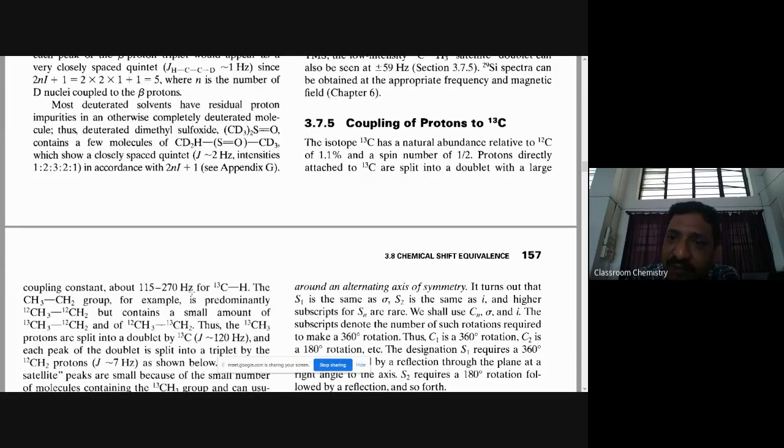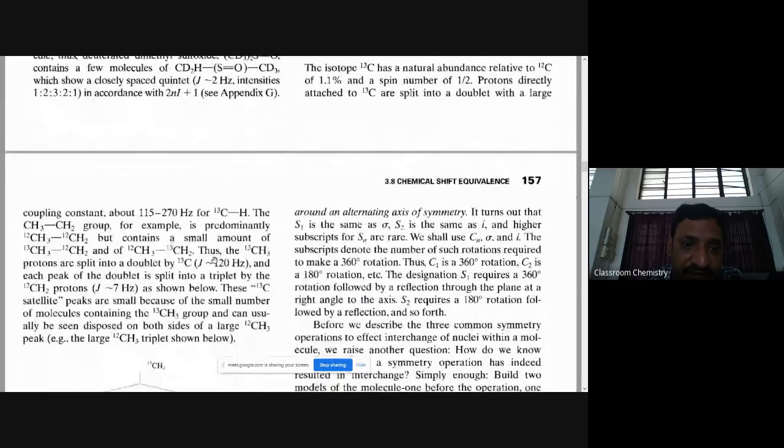Why is it high? Because the natural abundance of C13 is very low, that's 1.1 only, and that's why it requires more time for the abundance in the instrumentation, and that's why its coupling constant value is also large. If you see for the CH3CH2 group, for example, it is predominantly C12, suppose this nucleus of methyl group is C12, this also having C12, but contains a small amount of C13.